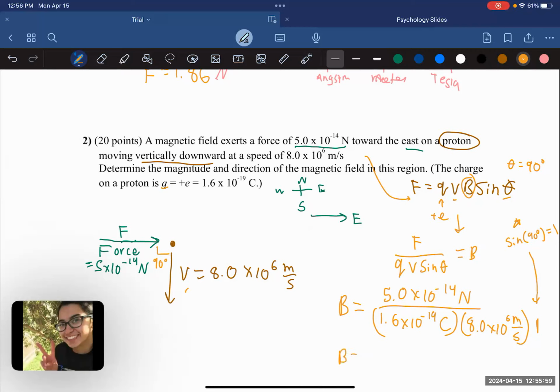That's going to give us, I got 0.039, and I'm pretty sure that's supposed to be Teslas.